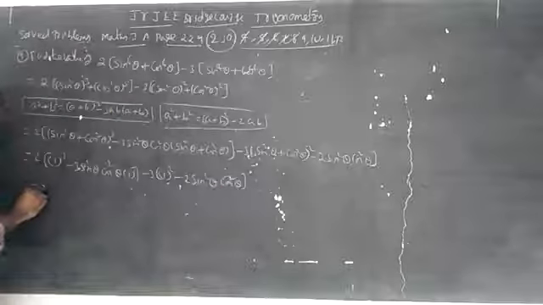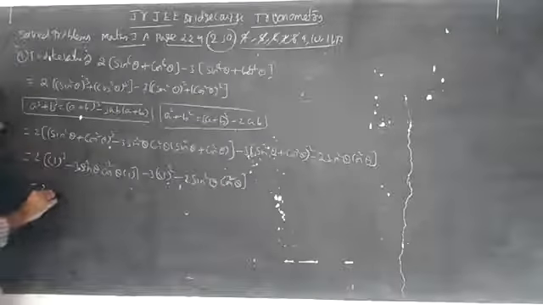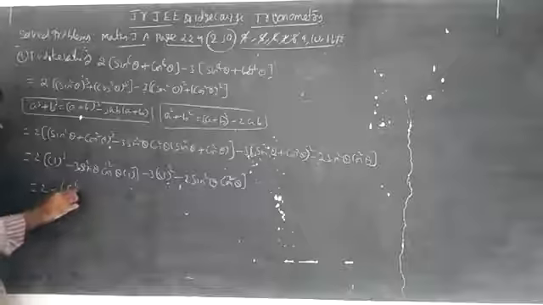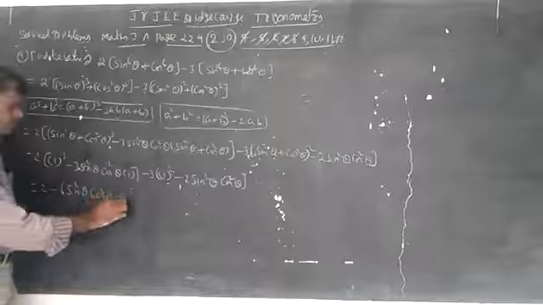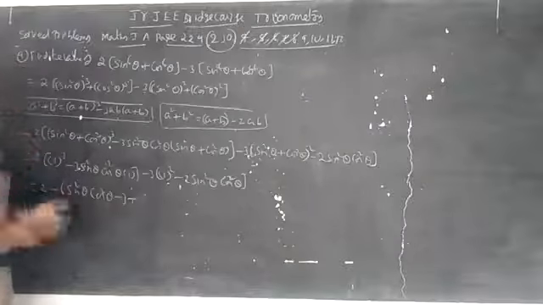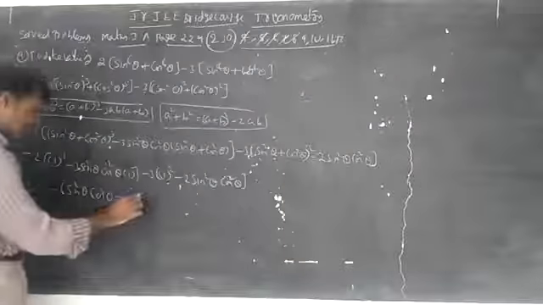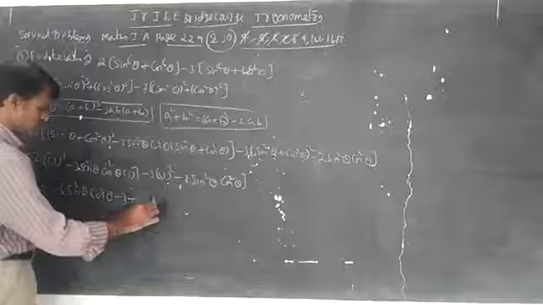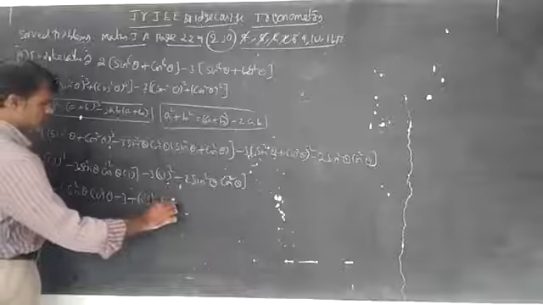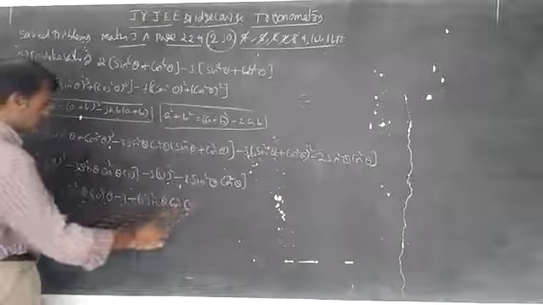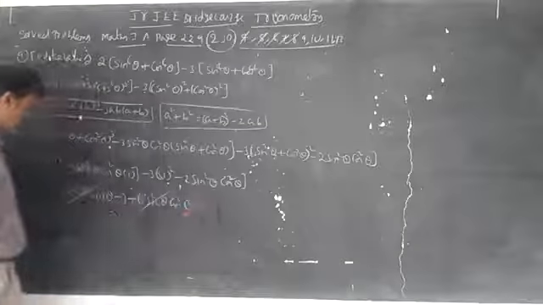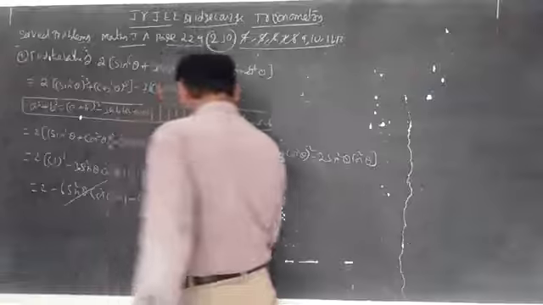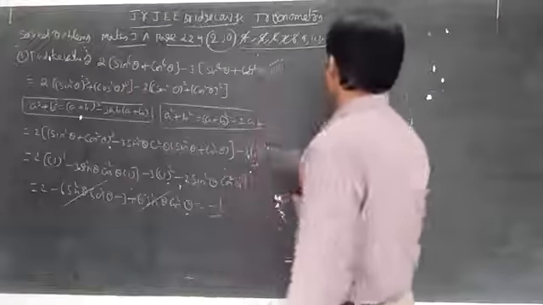That is equal to 2 minus 6 sin square theta cos square theta minus 3 plus 6 sin square theta cos square theta. Minus and plus get cancelled, 2 minus 3, answer minus 1.